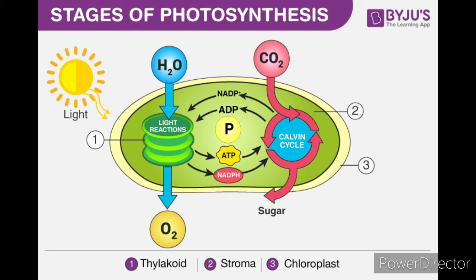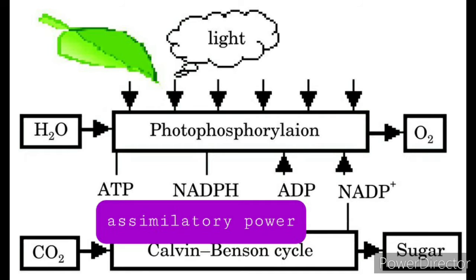Here the hydrogen ion which is formed in the photolysis is immediately picked up by NADP and forms NADPH, and also ATP is formed as ADP combines with phosphate and forms adenosine triphosphate. This NADPH and the ATP together are called assimilatory power.